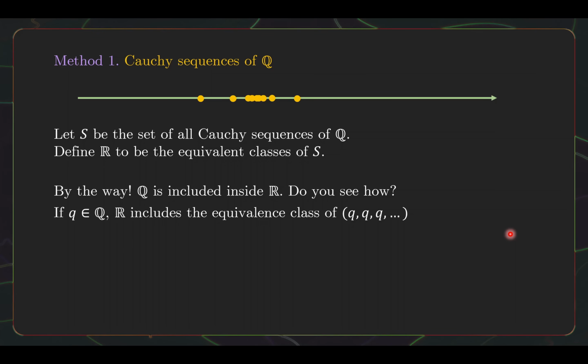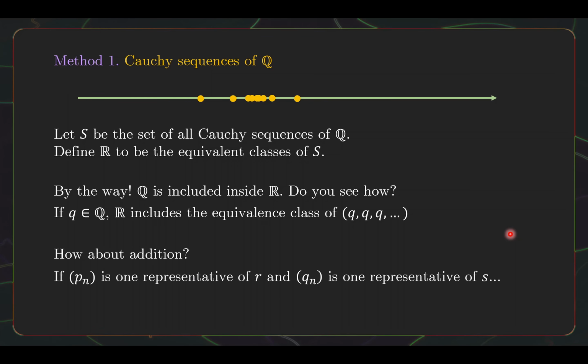Now, of course, you need to check that this definition satisfies the three properties that we set out for real numbers. But I'm not going to check through them one by one. I just want to give you a flavor of, for example, how you might define addition between two real numbers if I define real numbers like this. Well, basically, let's say we have a real number r and a real number s. Now, by definition of our real numbers here, it must be represented by some Cauchy sequence of rational numbers that head towards r, right?